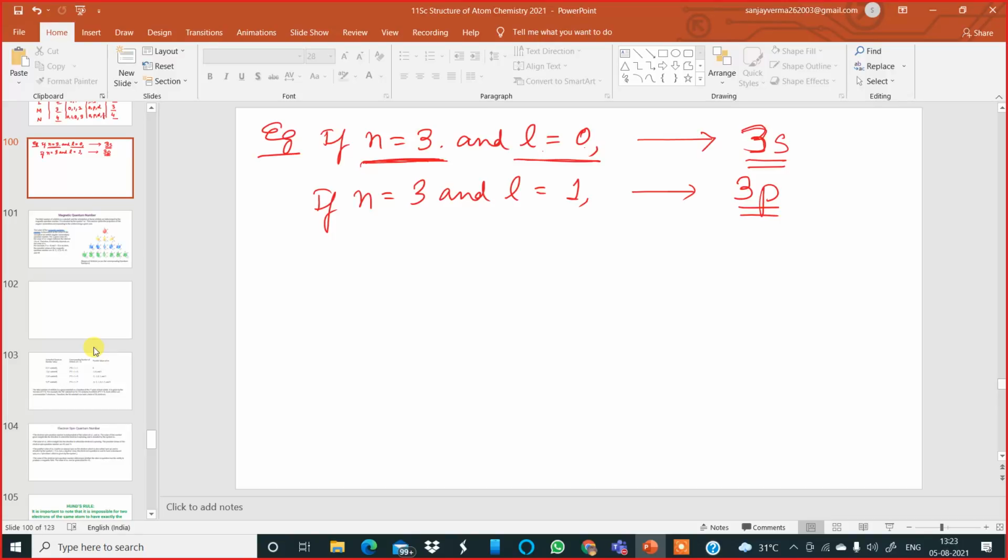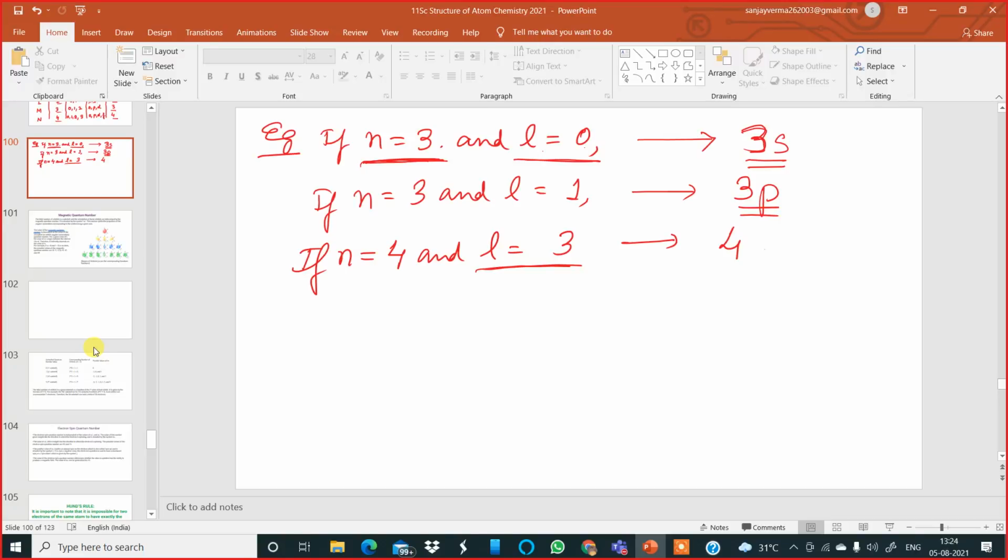Again, if I take another example, if n is equal to 4 and the value of l is given as 3, what is the subshell? For l is equal to 3, is it d or f?